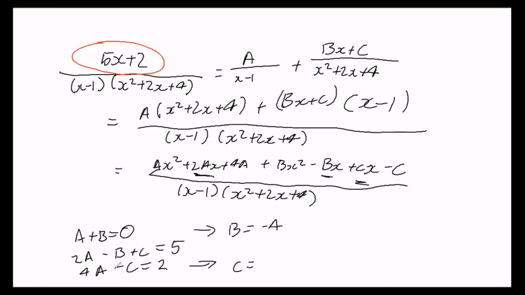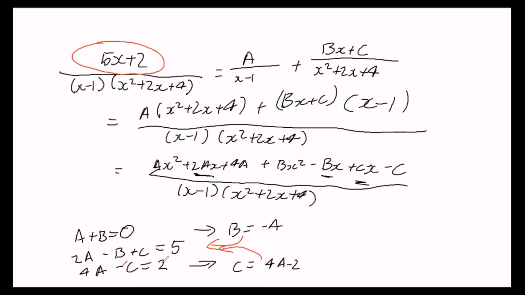Yes, but let's look at the third equation first, because if I go here, then I know that c is equal to 4a minus 2. Oh, yeah. And I can take this and sub it into there, which gives me one equation just in terms of a. So then I can find my a and sub that into my first and my third to get my b and my c. All right.